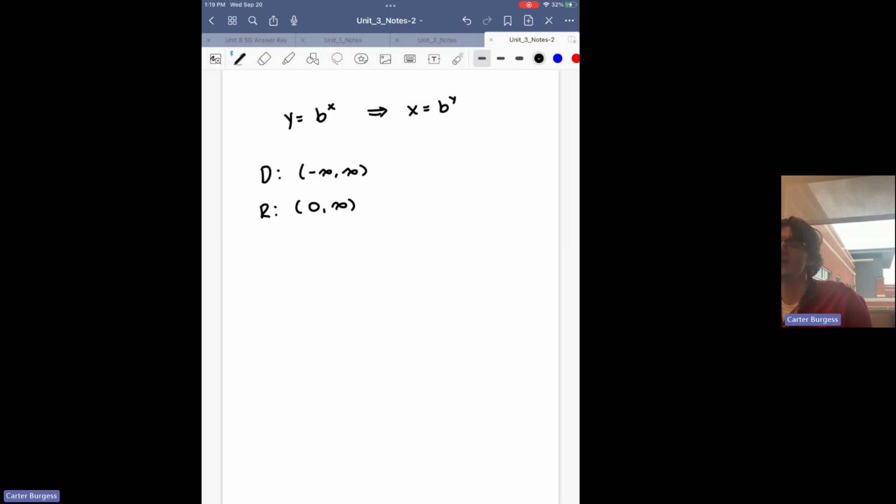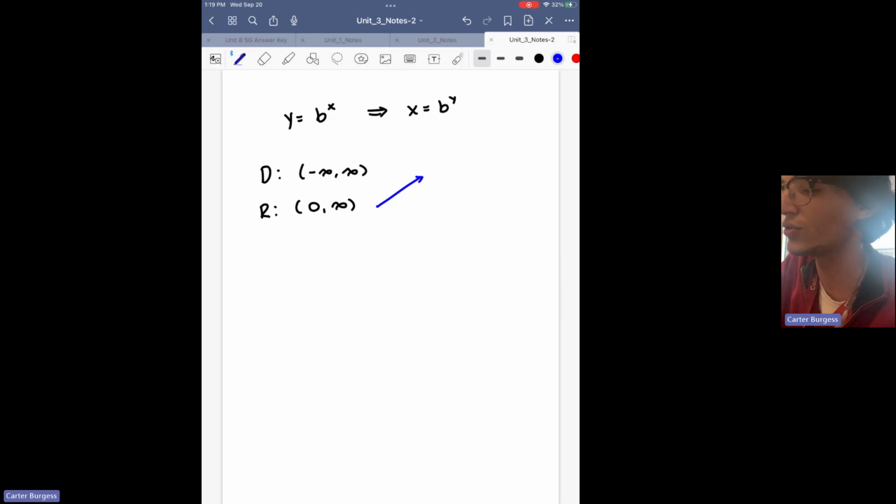All right, awesome. Now, when we are taking the inverse function, what do I do with my domain and my range? We switch them. We swapped our x's and our y's. We switch our domain and our range. We switch our inputs and our outputs. All of that stuff switches, and all of the analogous terminology that goes along with that switches as well.